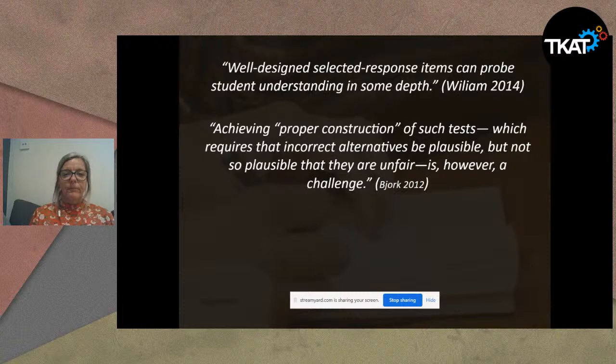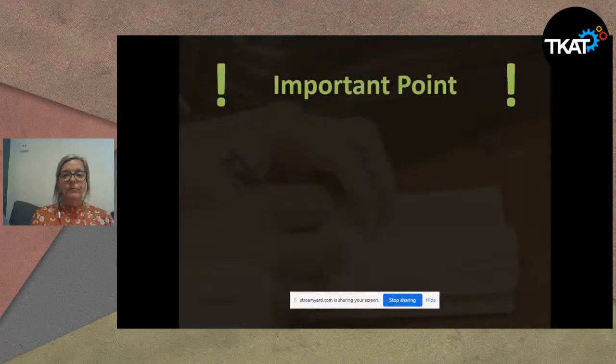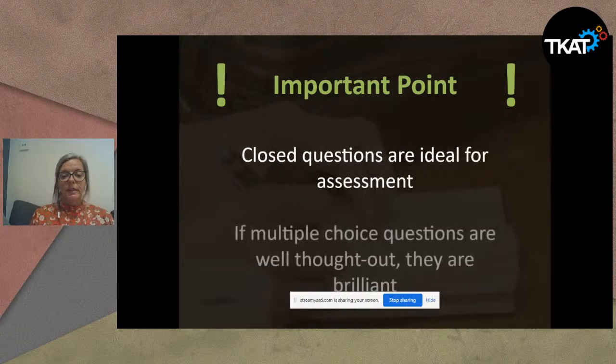And if you construct your multiple choice questions really well, which requires that incorrect alternatives are plausible, but not so plausible that they're unfair, then you can provide a challenge. And questions with more than one correct answer considerably reduce the chances that students will get the correct answer by guessing. So closed questions can be ideal for assessment if the multiple choice questions are well thought out.